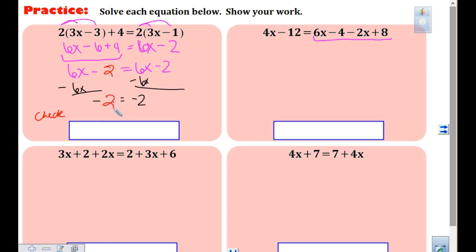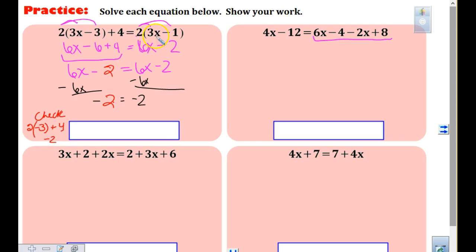But if you would have had it and you thought no solution, and you checked 0, you would have had 2 times 3 times 0, leaves us with just a -3, right? Plus 4. -6 plus 4 would leave us with -2.